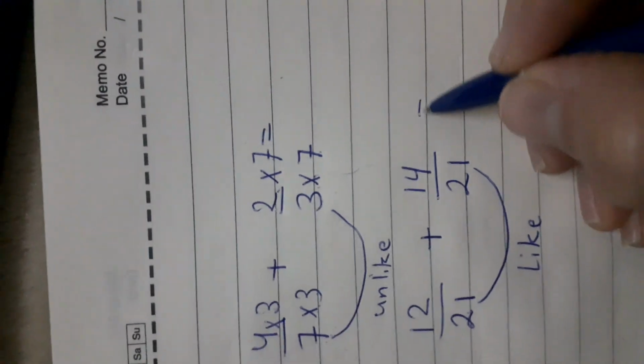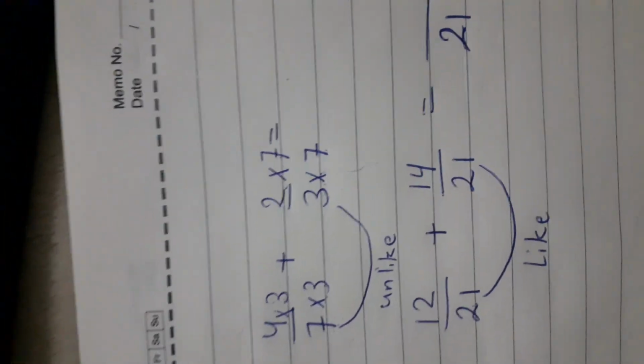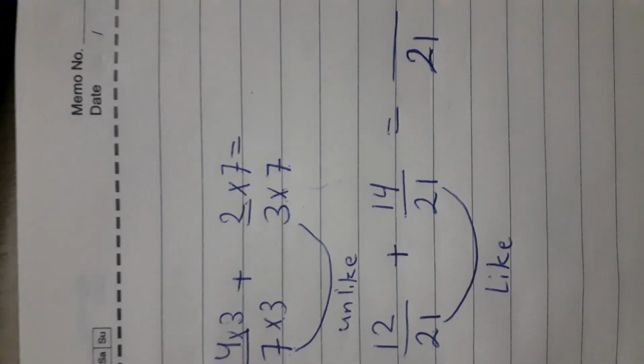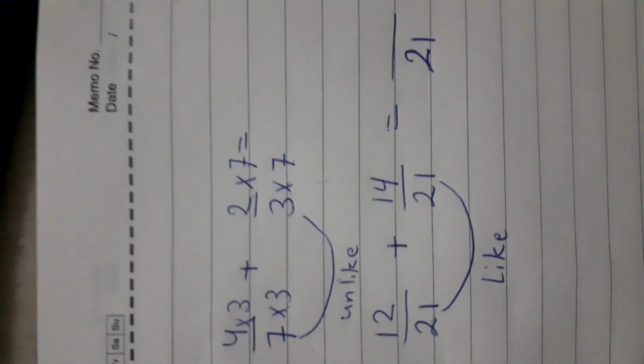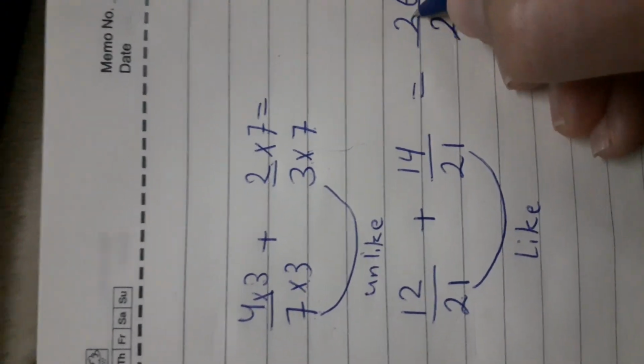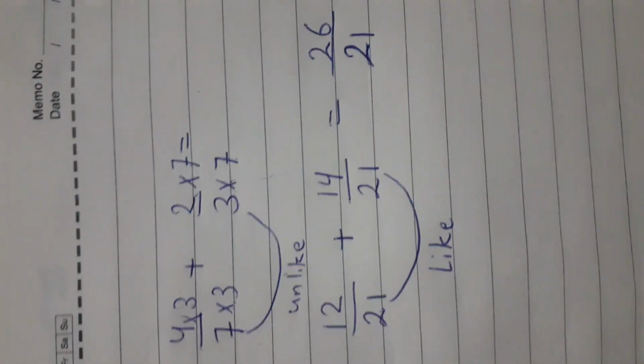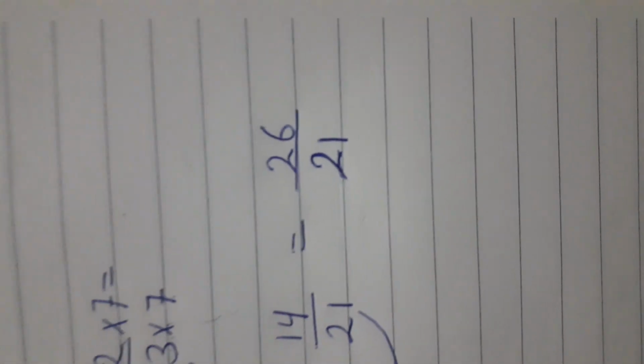We can simply add them by keeping the denominator fixed and add only the numbers in the numerators. 12 plus 14 is 26.